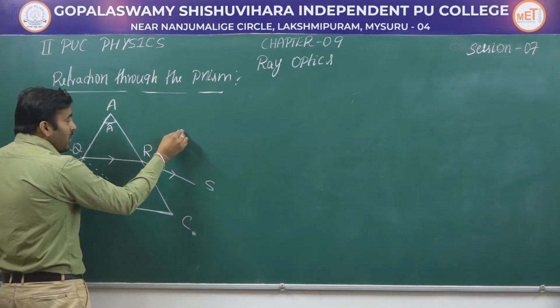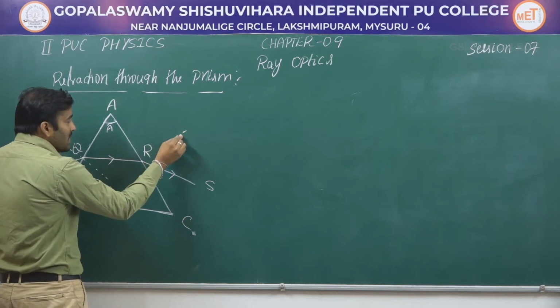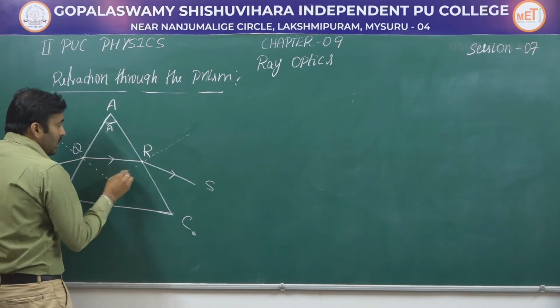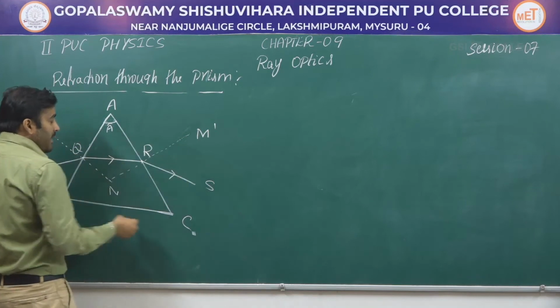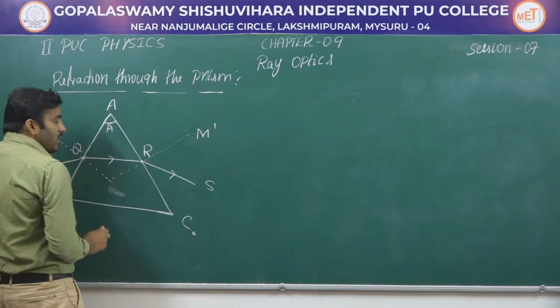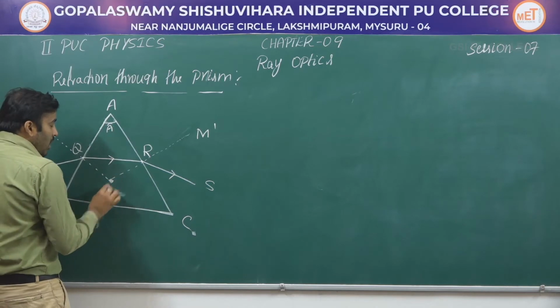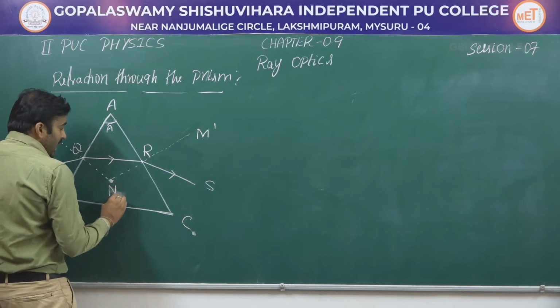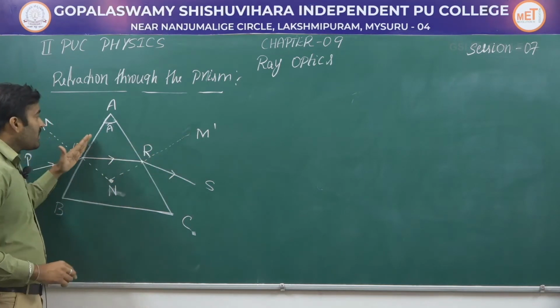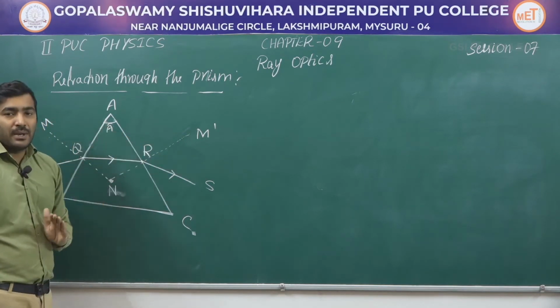How does the normal look? A normal will be like this, correct? Let us say that this is M dash N. We have joined the normals drawn for this surface and this surface, so this is a common point, say this is N. MN and M dash N are the normals drawn to the surfaces AB and AC respectively.